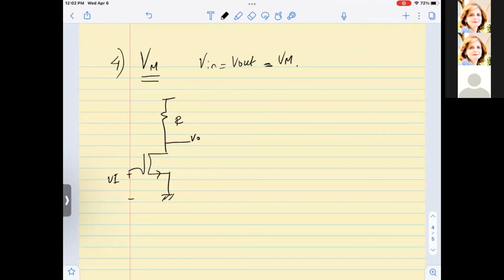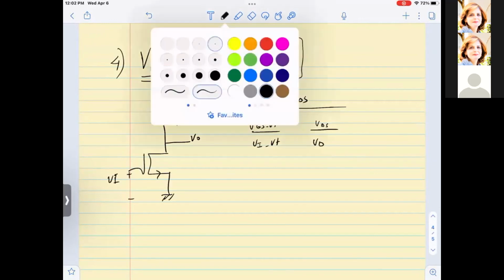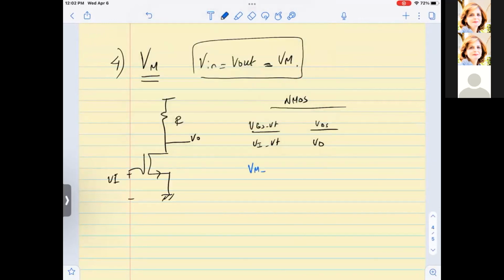What we have here is for the NMOS transistor نفس الشيء عندنا VGS minus VT عندنا VDS. هاي مثل ما قلنا هي VN minus VT وهي VO. طيب بس أنا بدي البوينت at which VN equal Vout equal VM. فإذا هيدي الانبوت هو VM minus VT والoutput هو بيساوي VM.